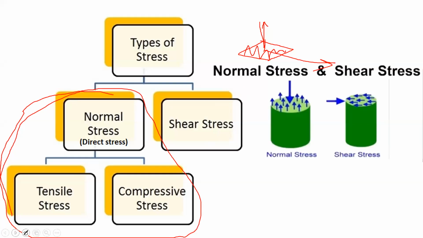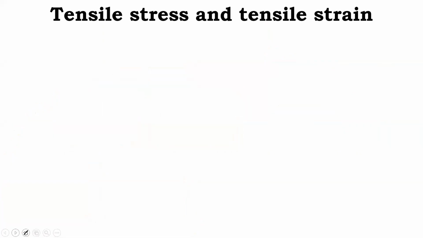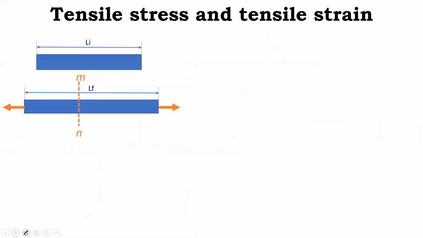Okay, so here you can see this. We'll talk about normal stress and normal strain. First we'll talk about tensile stress and tensile strain. Suppose you take some bar of length Li and then you apply some load on this. So suppose some load P is applied.